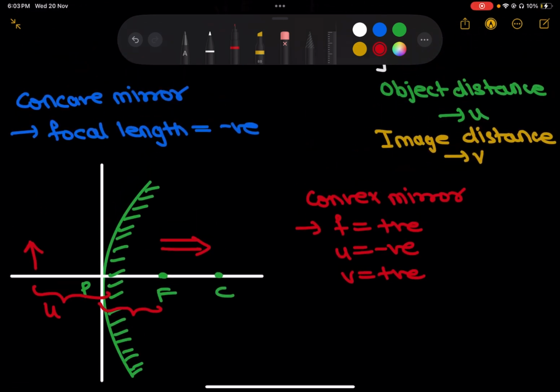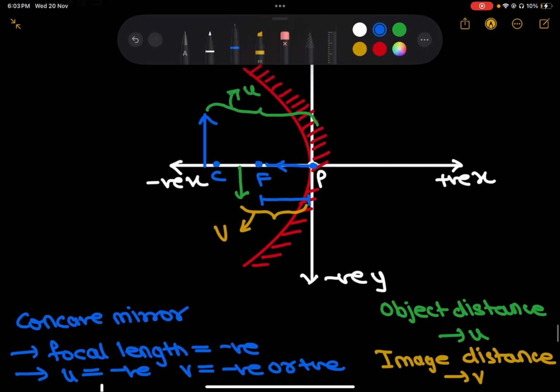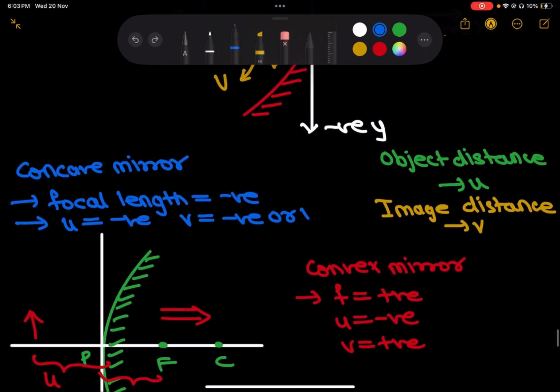For concave mirror, u will always be negative, and v can be negative or positive, because in the last case the virtual image is formed, so v will be positive, but in all other cases v will be negative. So that you have to understand.